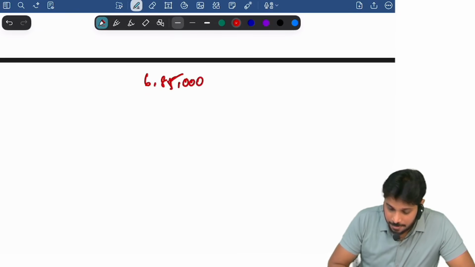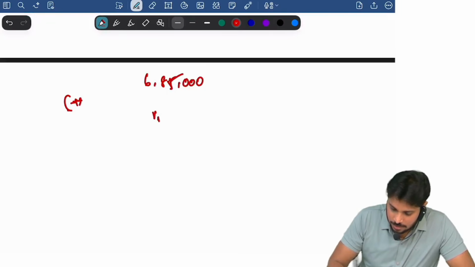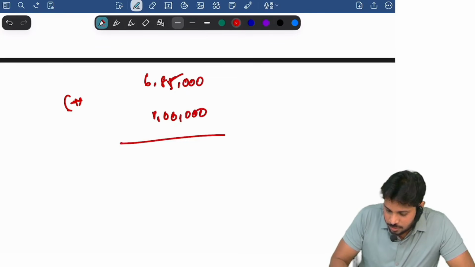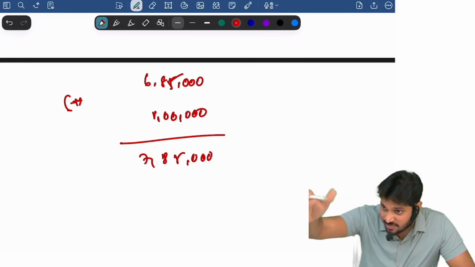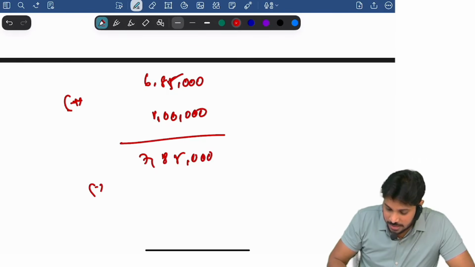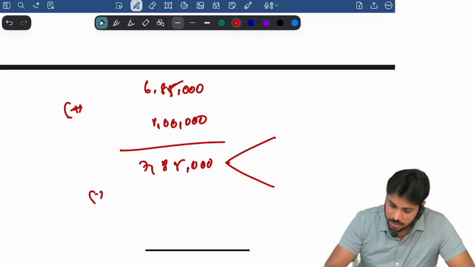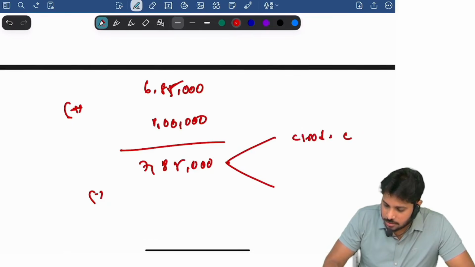Plus next year also an asset is purchased for 1 lakh. So gross block value 7,85,000. Amount received on part of a block, nothing is sold. Therefore the written down value minus normal depreciation. Normal depreciation in that year, less than 180 days, is 0.